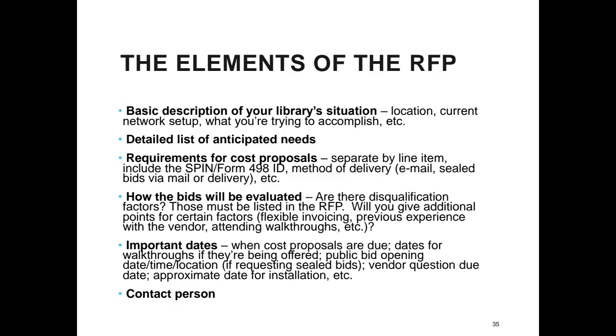You want to give as detailed as possible a list of your anticipated needs. So that would be the various functions like firewalls, switches, access points, cabling. You can indicate preferences for a particular make and model of equipment as long as you allow bids for equivalent equipment.